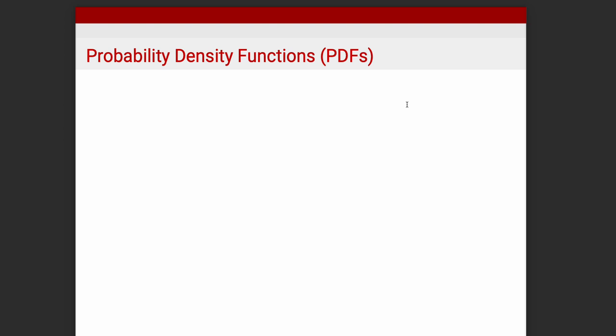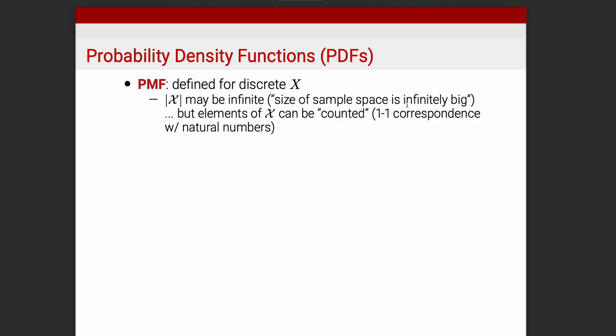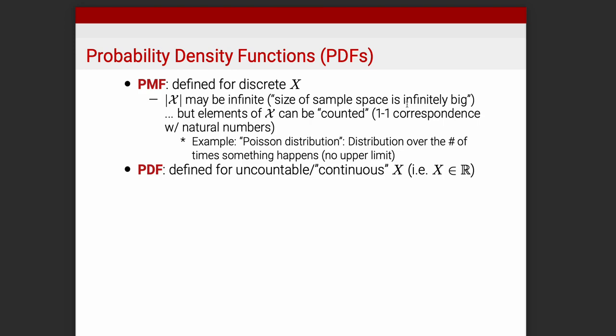For example, income isn't best modeled using a discrete set of incomes, iterating by pennies. We think about income as a continuous sort of thing. It makes sense to think about income as a continuous variable. So whereas PMFs were defined for discrete random variables, PDFs are defined for continuous random variables. There are some mathematical details, and I have it listed out here for those of you who are interested. It's not super important. The important thing is just that the PMF is defined over discrete things. The PDF is defined for continuous things.